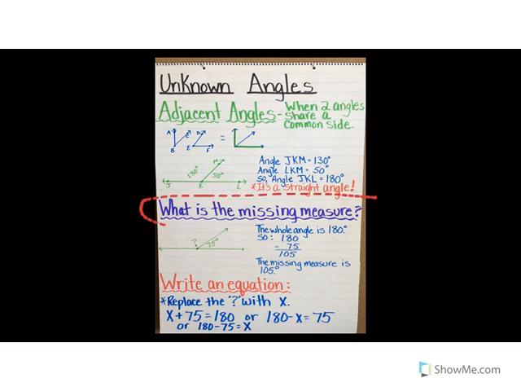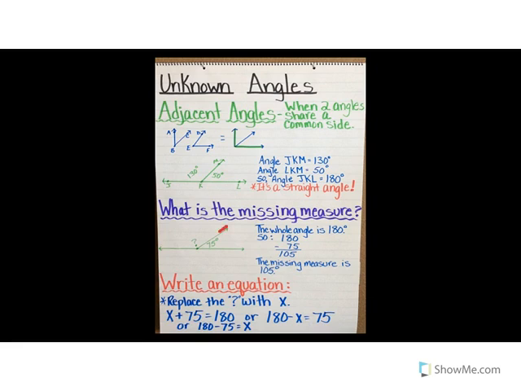Sometimes we have to figure out what the missing measure is. So here we see a question mark, and then the adjacent angle measures 75 degrees. So I have to figure out what my missing measure is. I know the whole angle is 180 degrees because a straight angle from here all the way around is 180 degrees.